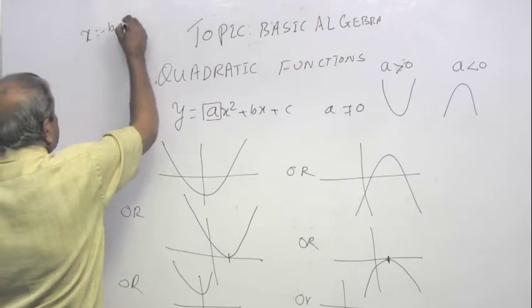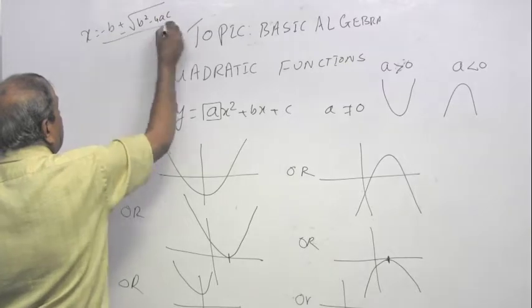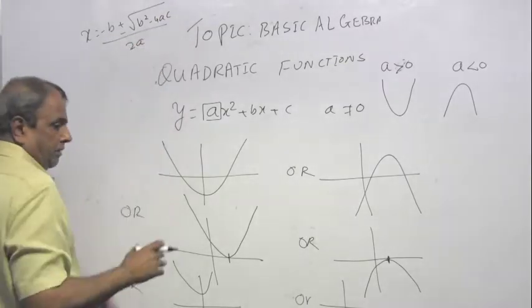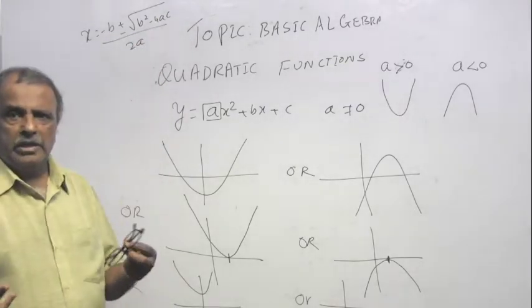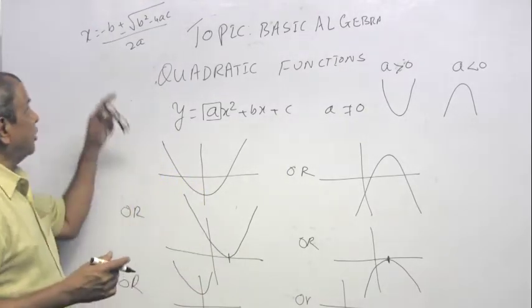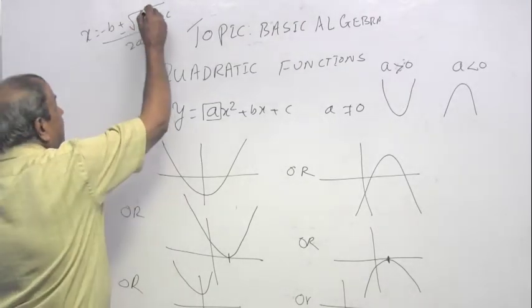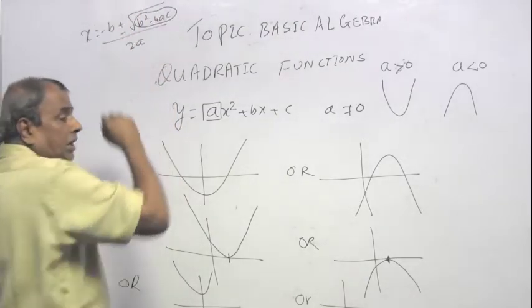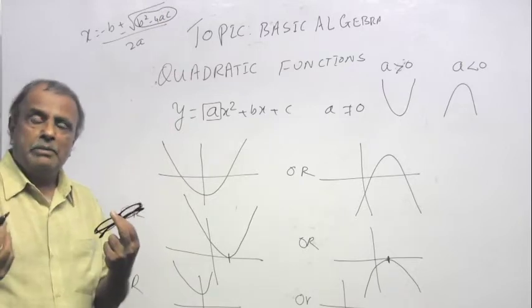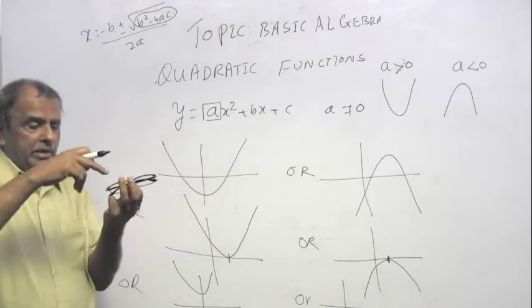x equals minus b plus or minus root b squared minus 4ac, over 2a. b is a number, so we know it. 2a is a number, so we know a and 2, no problem. We know what is positive and what is negative as well. But this root is only defined if b squared minus 4ac is not negative. b squared minus 4ac is a number.